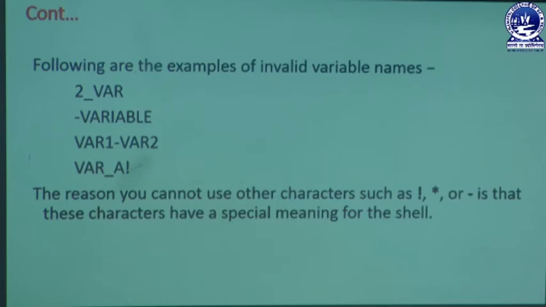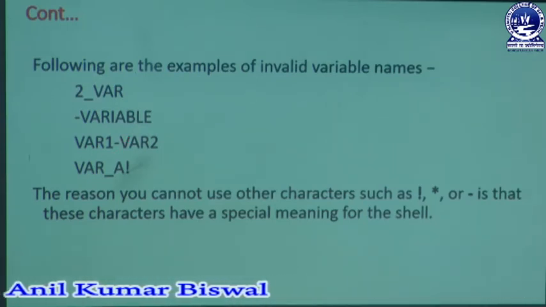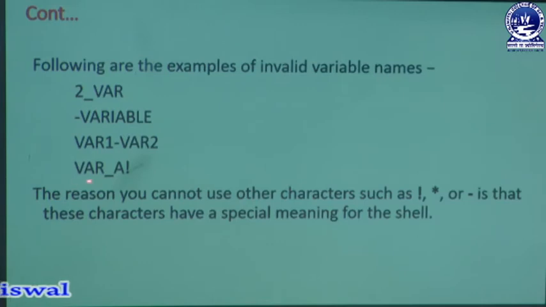In the second, we can only have a special character like underscore, but here we have a hyphen, so it cannot be considered. The third has the same hyphen problem, merging two variable names, so it is also invalid. In the last one, the variable contains an ampersand and an exclamation mark, so it is also invalid. Due to these reasons, these four types of variables are not considered in our Unix operating system.